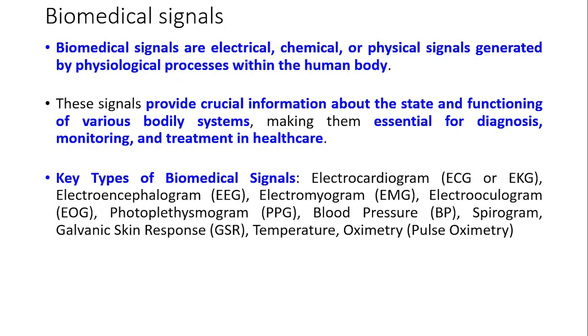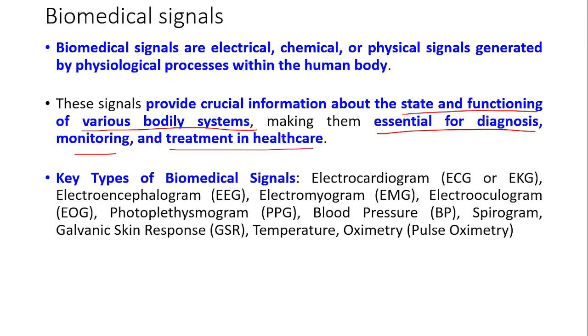Physical signals: I am talking to you, so these are physical signals. Now, these signals provide crucial information about the state and functioning of various bodily systems, and due to this, the analysis of these signals is essential for diagnosis, monitoring, and treatment in healthcare.